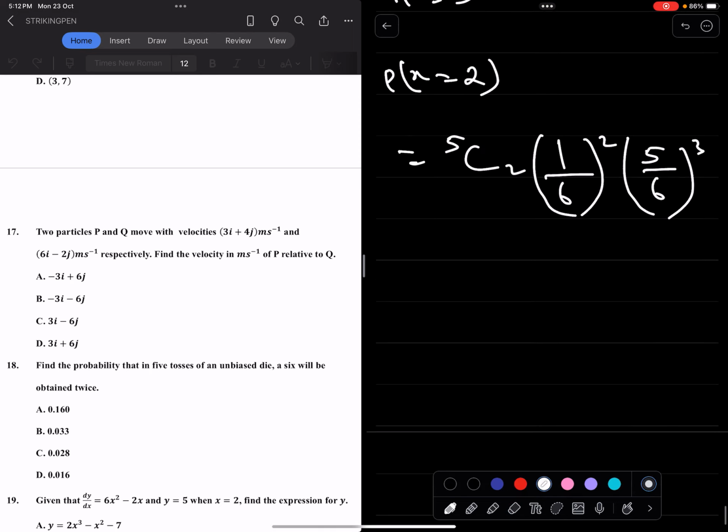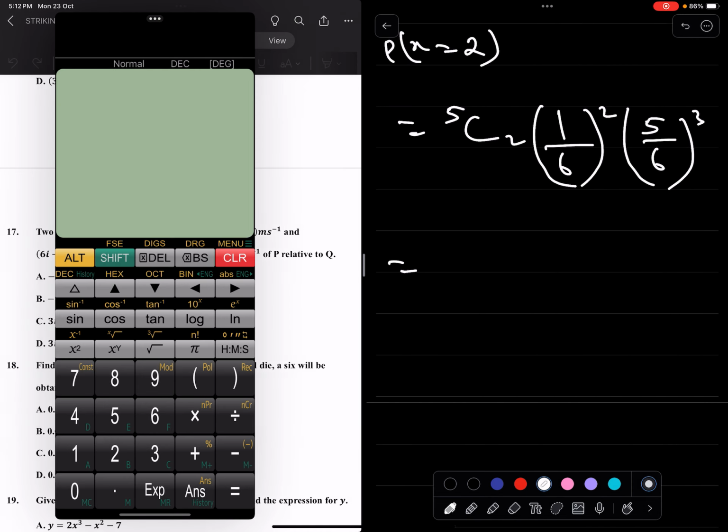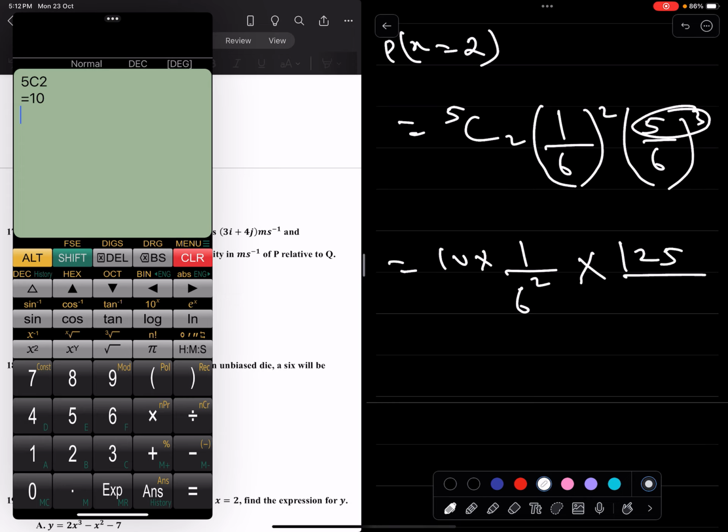And what is 5C2? 5C2 is 10. That's 10 times the square of 1 over 6, 1 over 6 raised to power 2, times 5 raised to power 3, which is 125, over 6 raised to power 3.